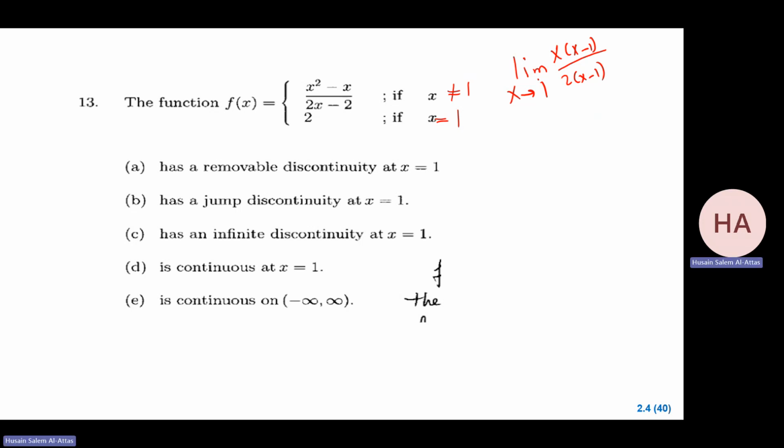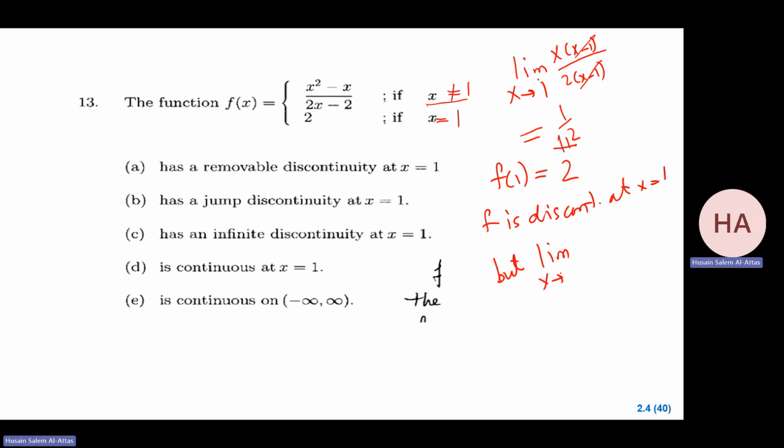So if x goes to 1, it means left or right, and they are the same. That will be what? This is cancelled. I have 1 over 2. But what is f at 1? That will be 2. Are they the same? No. So f is discontinuous at x equal 1, but the limit as x goes to 1 of f of x exists.